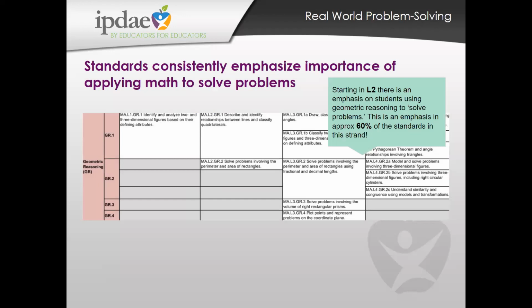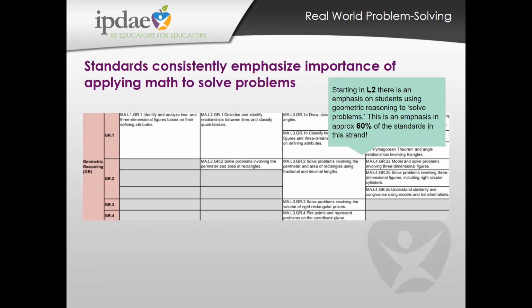So how does this matrix really highlight some of these underlying beliefs about mathematics? If we look closely at the geometric reasoning strand, one thing you'll notice is that the words solve problems occur a lot across the different standards here.